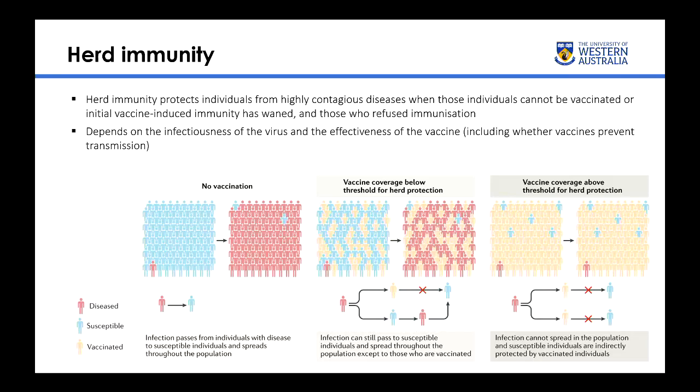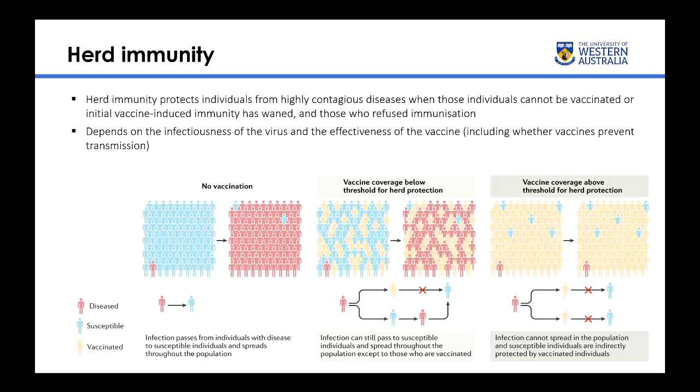Now here, obviously, is showing no vaccination, so the infection passes from an individual with the disease and spreads throughout the population. So here everybody is susceptible. Now here, when the vaccination is below the threshold, those individuals, say this one here, which is susceptible, might still get disease, although there is only one infected here, because the threshold has not been achieved and that pathogen, for instance, is highly infectious.